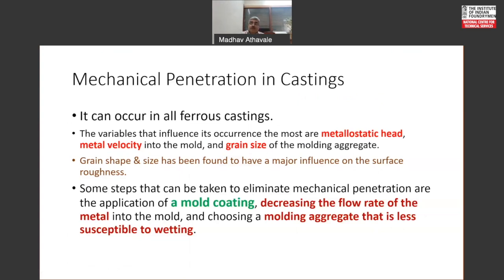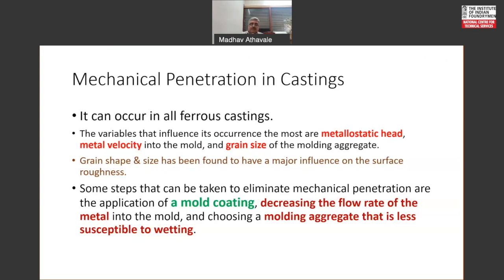So what do we do in this? Steps can be taken to eliminate mechanical penetration with one application of a mold coating. Because of mold coating, we are introducing fillers into the pores in the mold or core surface, thereby reducing the diameter of the pores and increasing the resistance to metal penetration.